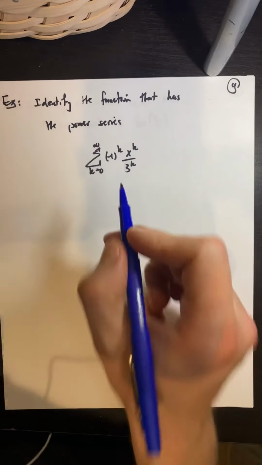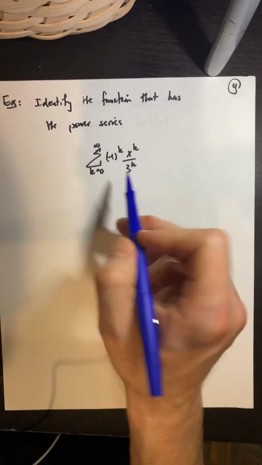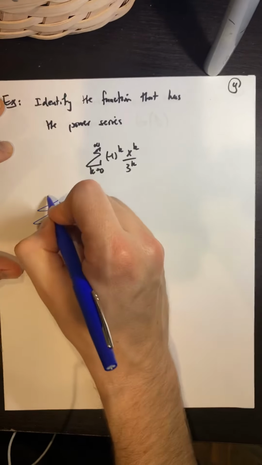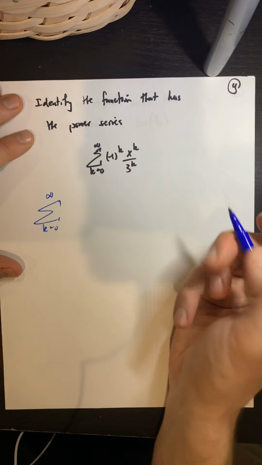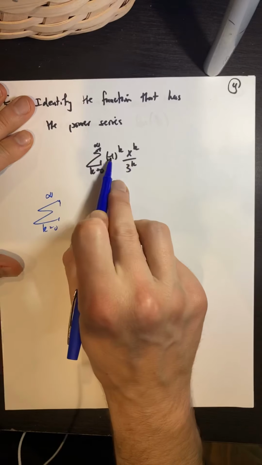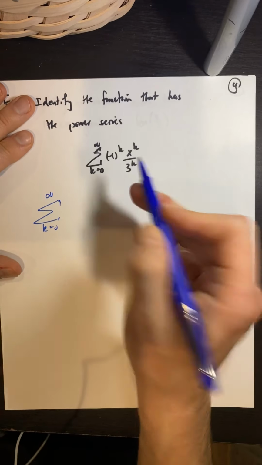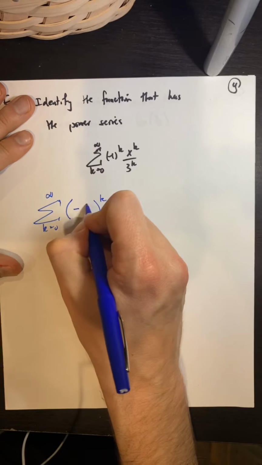We can also start with a series and ask, okay, what function has this power series? So a lot of times you have to make this thing look like a variant of one of the series that are on the table, table 10.5. So notice how -1 is raised to the k, x is raised to the k, and 3 is raised to the k as well. So I could put them all over the same thing raised to the k, which would be -x over 3.